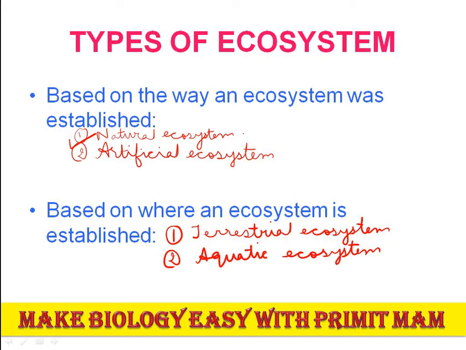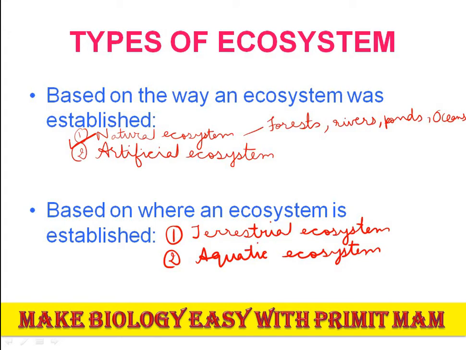Examples of natural ecosystem are forest, rivers, ponds, oceans, because they are created naturally. In all these ecosystems, there are living organisms and some non-living components which are constantly interacting with each other.